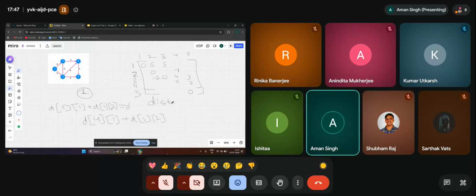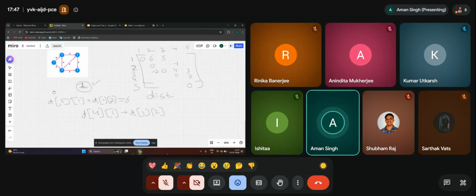For every pair of nodes, we are trying to reach via 1, so this will be one iteration. Similarly, we choose an intermediate node from 1 to n. From 1 to n, we try every node as intermediate node, and for 1 we check the entire matrix, for 2 we check the entire matrix, and so on for n.